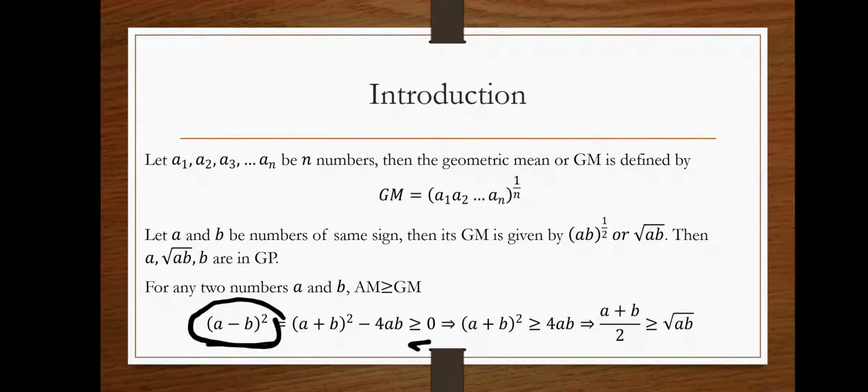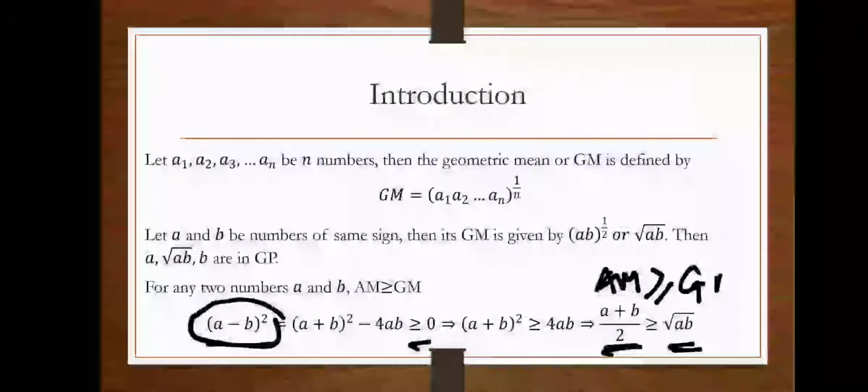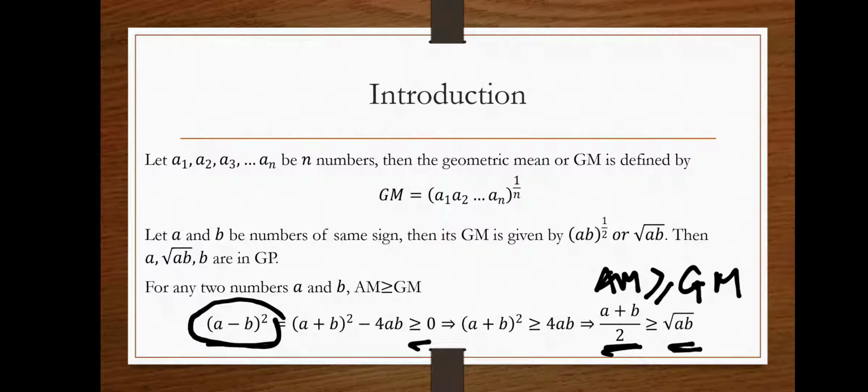And from there I can write a plus b whole square is greater than or equal to 4ab. You take the square root both sides, and then you get a plus b is greater than or equal to 2 root ab, or that is (a plus b) by 2 is greater than or equal to root ab. So this is basically your arithmetic mean, and this is your geometric mean. So therefore AM is greater than or equal to GM. Fine. So that's what you prove.